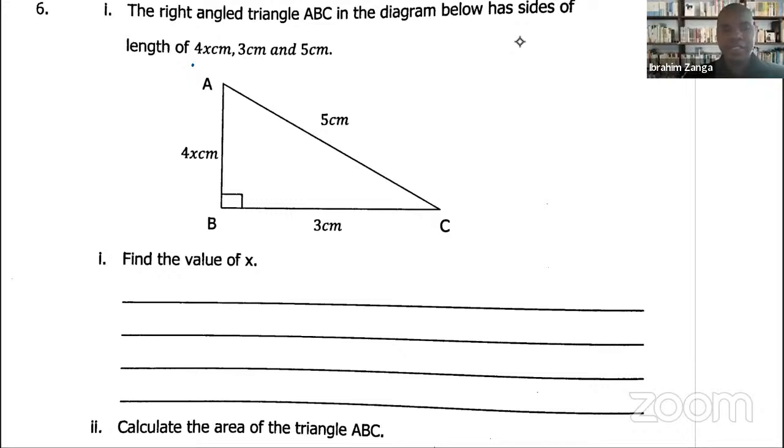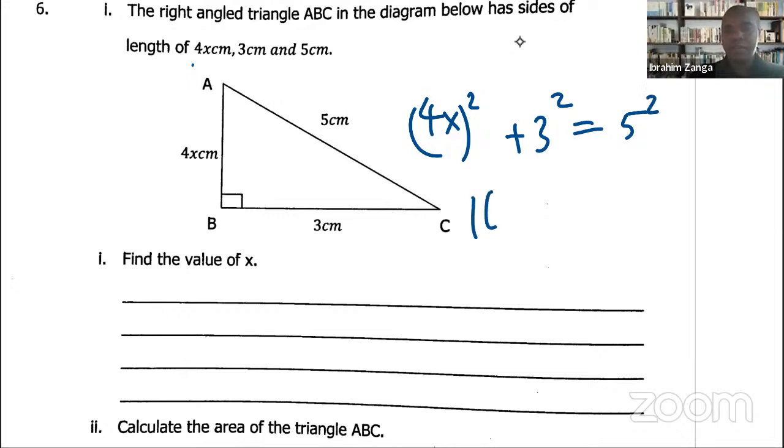So for the value of x here, you're going to use Pythagoras theorem, and you're going to say that x square plus 3 square equals 5 square. So 16x square equals 25 minus 3 square.